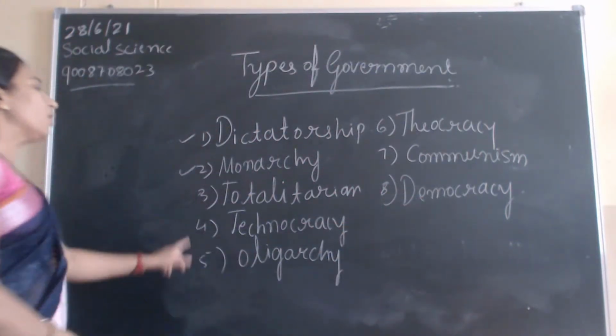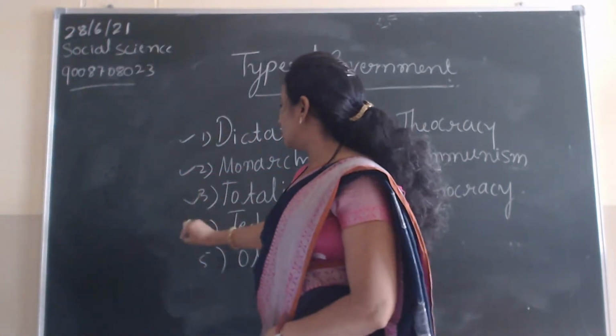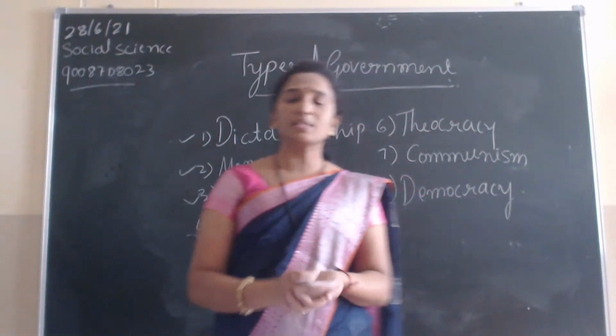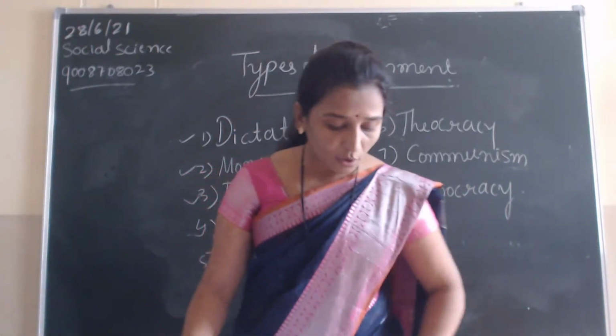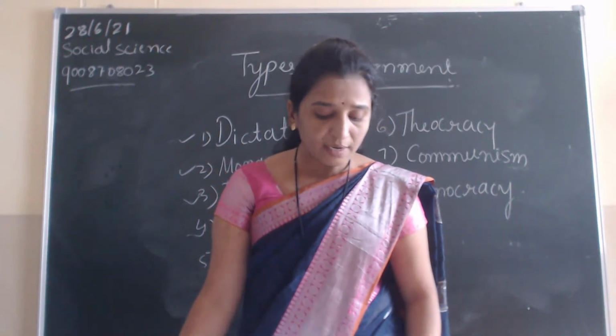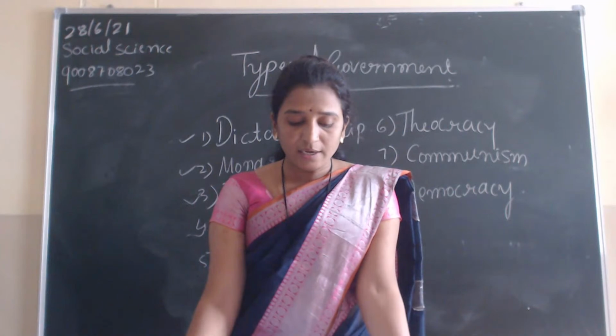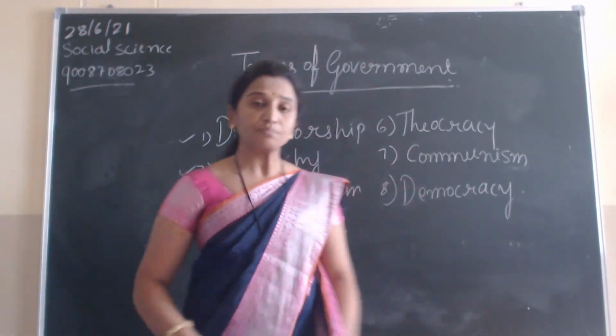Okay. And technocracy. Technocracy means it comes under technology. This is a type of government in which scientists and technical experts are in charge of the nation.